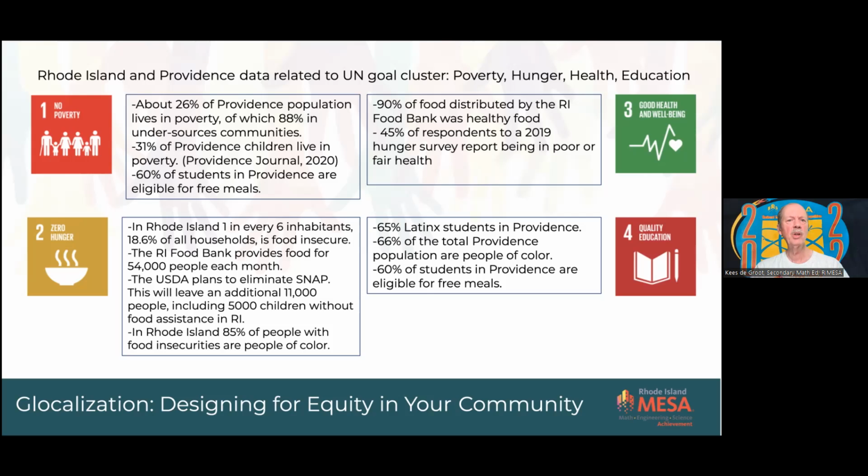So about 26% of the Providence population lives in poverty, 88% in undersourced communities, 31% of Providence children live in poverty, and 60% of students in Providence are eligible for free meals.